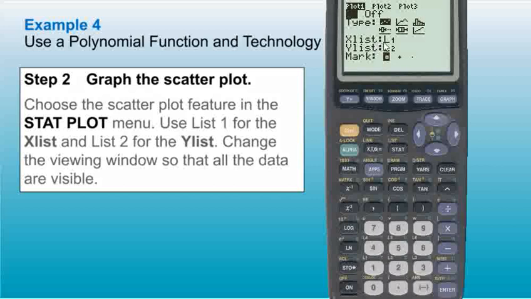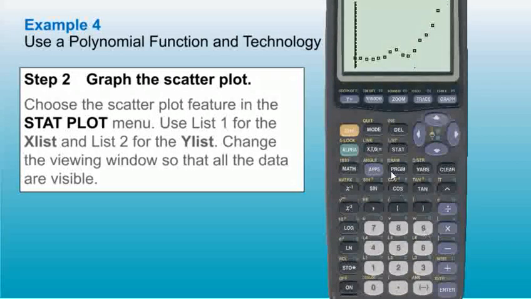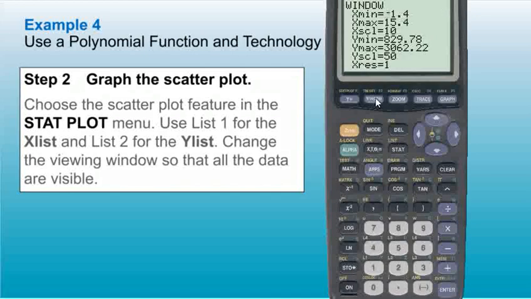And just make sure X list is list 1 and Y list is list 2, showing that that's where our data is located. Now if I hit zoom number 9, which is zoom stat, you can see my graph there.